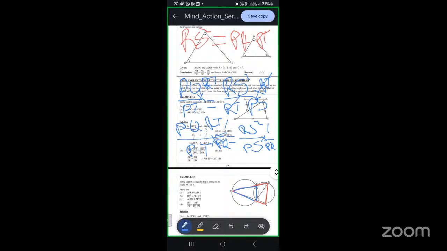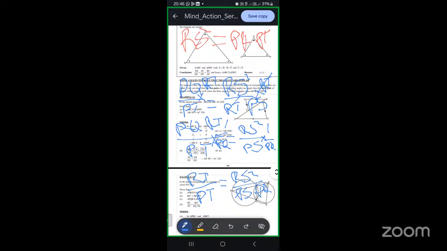Therefore, we are left with RT over PT is equal to RS squared all over PS times PQ. Then you are done just like that. Do you now see it? Yes, sir. Thank you.